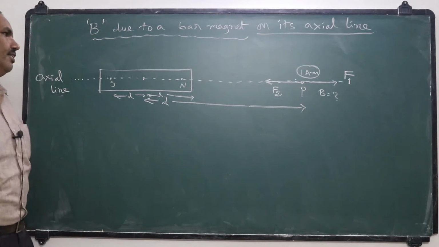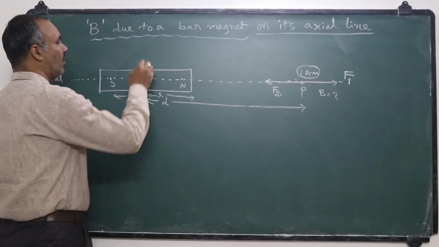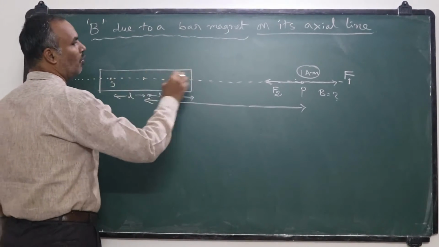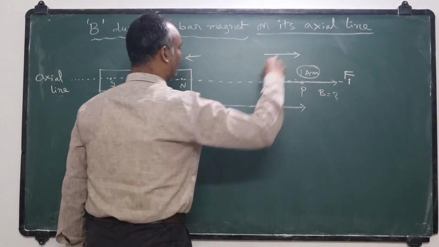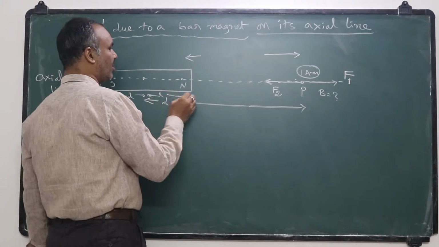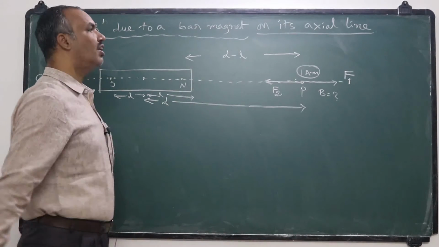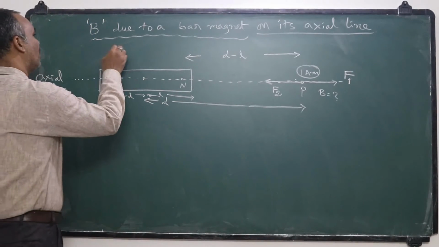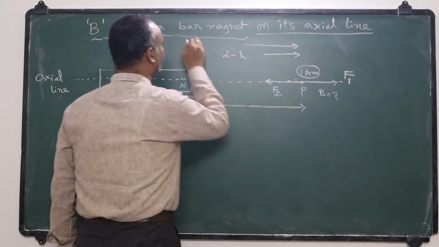The total separation is d, so subtracting L, d minus L is the separation of the north pole from the unit north pole. The separation of the south pole from the unit north pole is d plus L.